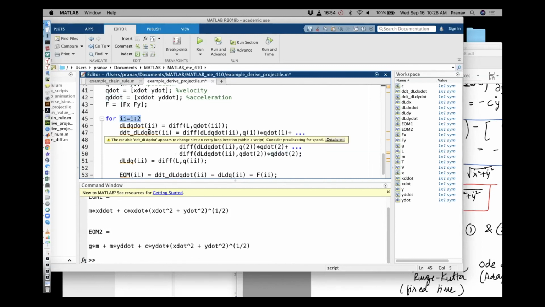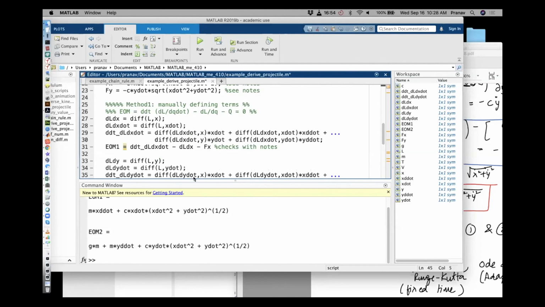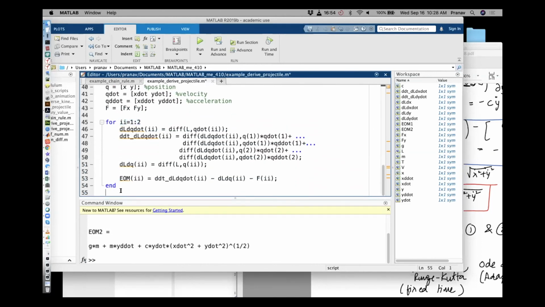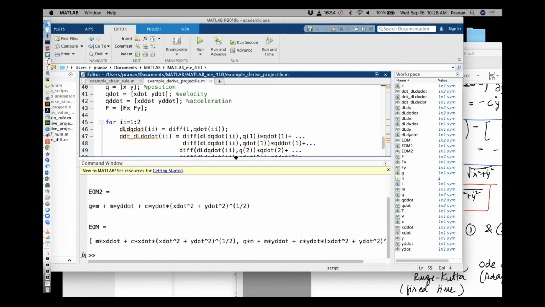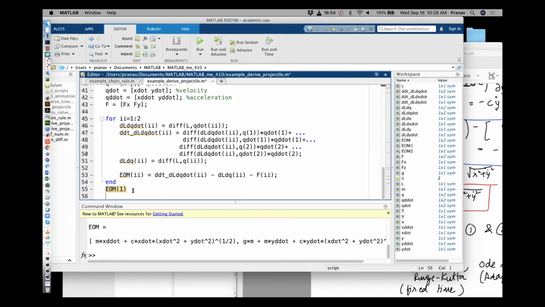So it's all compact in one place instead of trying to write two expressions like I wrote down here. So all I need to do now is check if these equations come out the same as what I got earlier. So let me run this. And so you'll see that the equations are derived twice. Okay, I need to change it slightly. This is EOM1 and EOM2 to make it easy to compare.